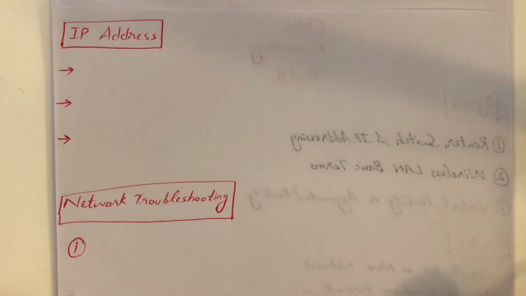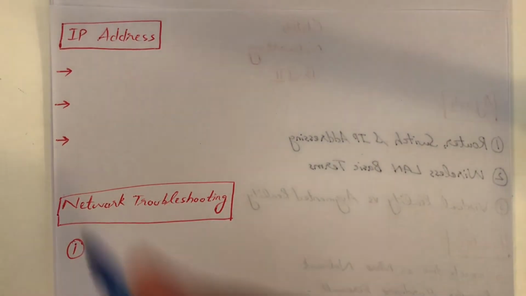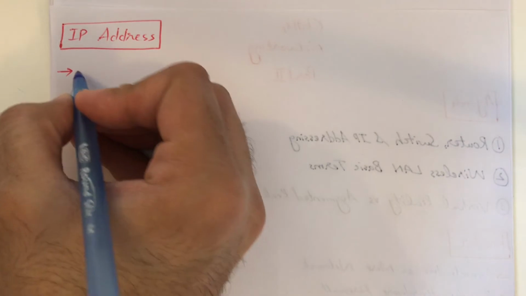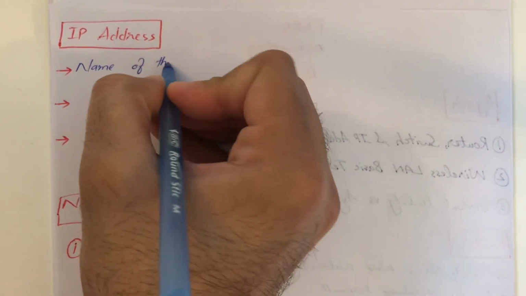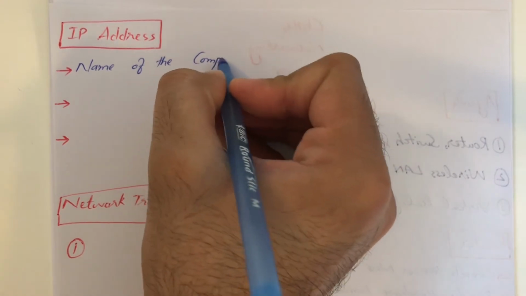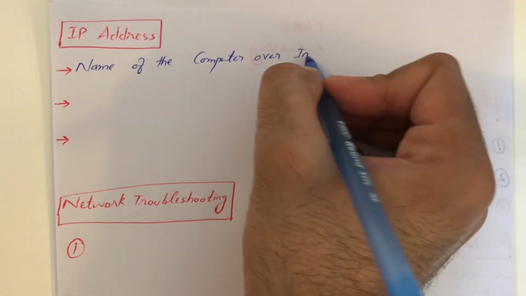Next is the IP address. I believe most of you guys have heard about IP address. IP stands for Internet Protocol, and IP address is basically the name of the computer over internet.